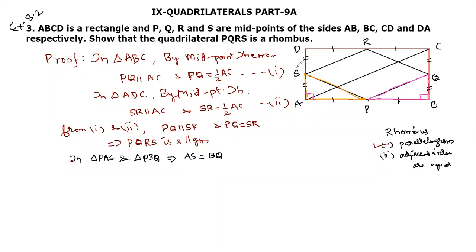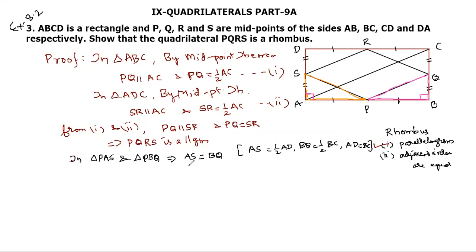S is the midpoint, so AS is half of AD, and BQ is half of BC, and AD is equal to BC. That is the reason, because opposite sides are equal, so half of it will be equal.